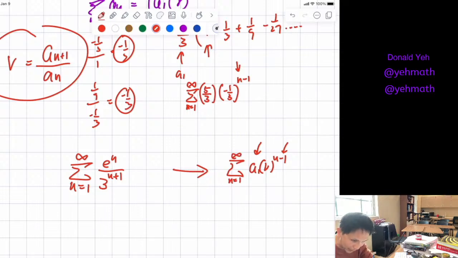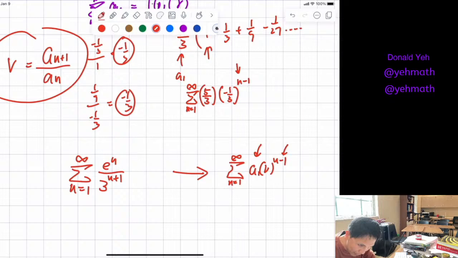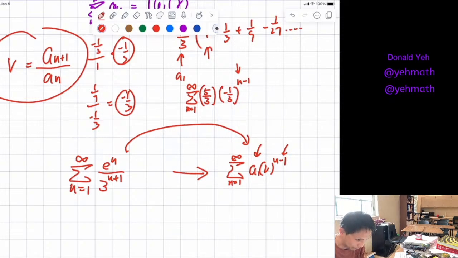If you can convert this form to this form algebraically, then you know what to do after that. The hard part is how you convert that to that form. If you do, then you can use a over 1 minus r.